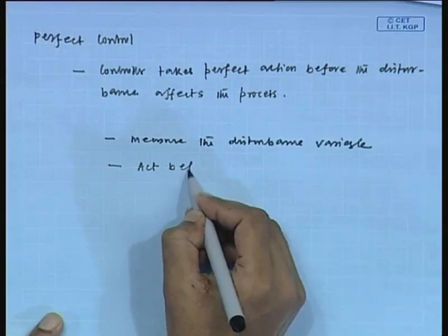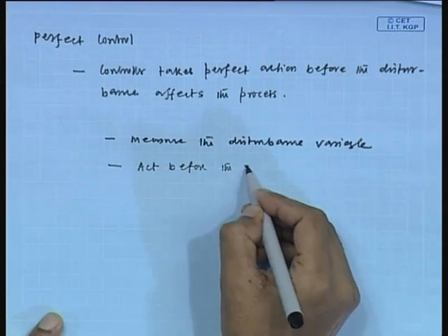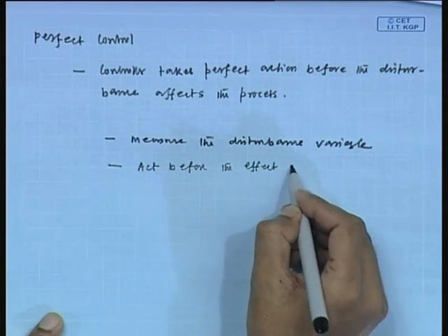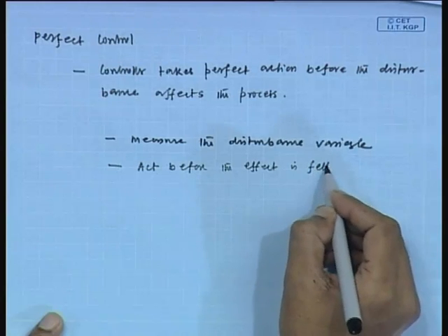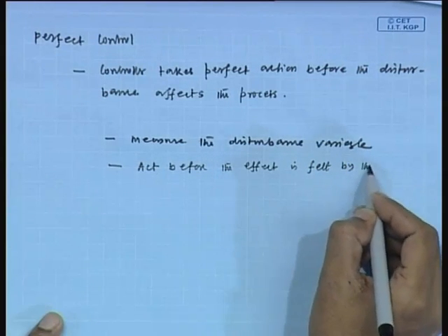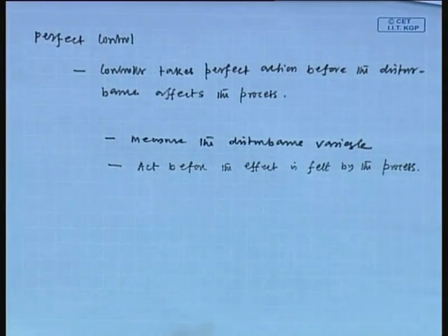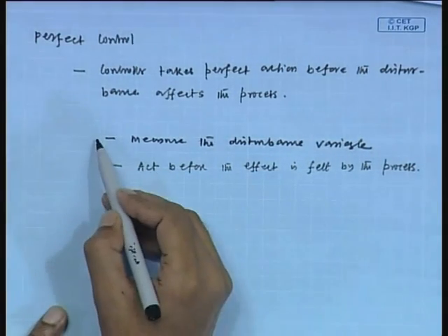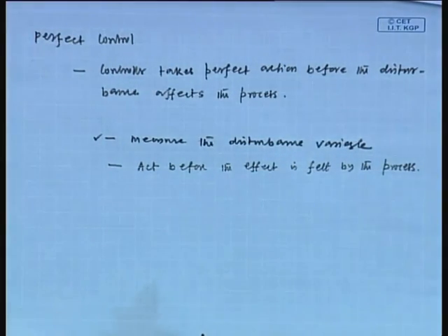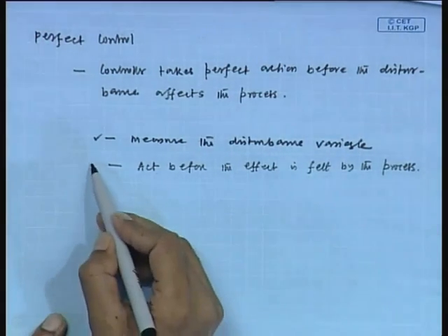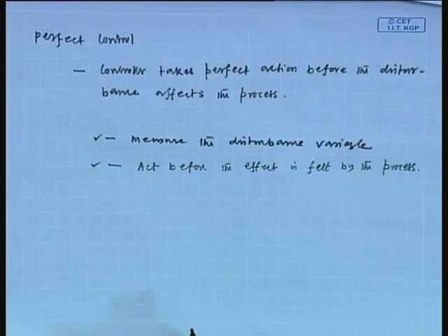before the effect is felt by the process. So, for perfect control action, it is required to measure the disturbance, to know the change in the disturbance variable, and then the controller should act before the effect is felt by the process.